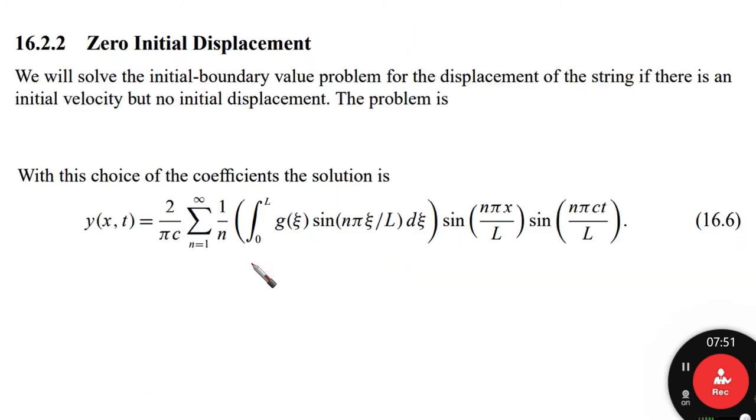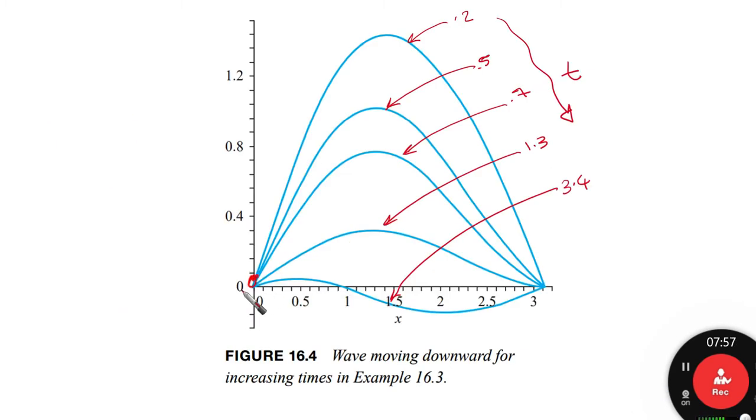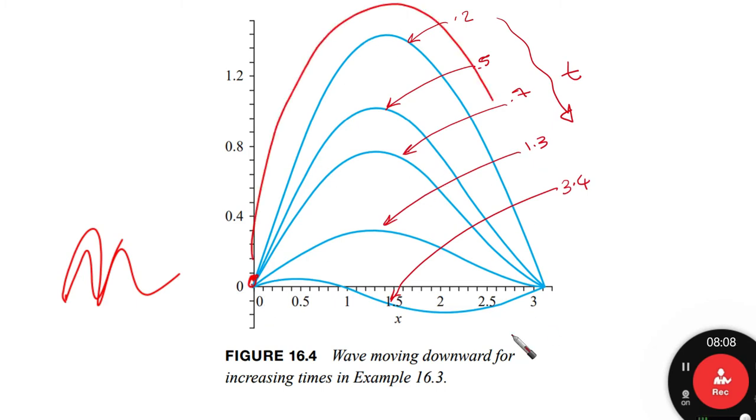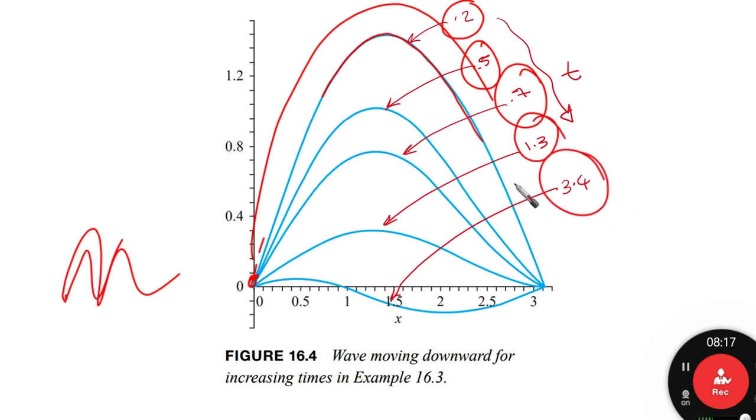Here we are talking about zero initial displacement, and we have some initial velocity. This means, for example, that we are giving the rope a velocity in the beginning, so the initial start of it is something like this, and then it goes at 0.2 with this shape, 0.5, 0.7, 1.3, 3.4, and then it proceeds like this.